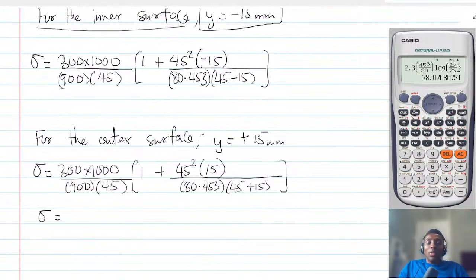So let's quickly do this. It's going to be 300 multiplied by 1000 divided by 900 multiplied by 45. Then I multiply here by 1 plus 45 squared multiplied by minus 15 divided by 80.453 multiplied by 45 minus 15, and then you close the bracket.